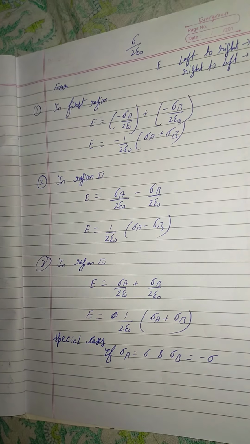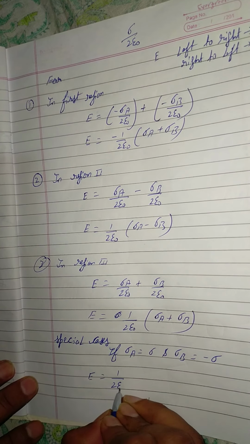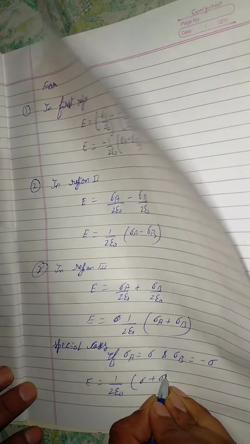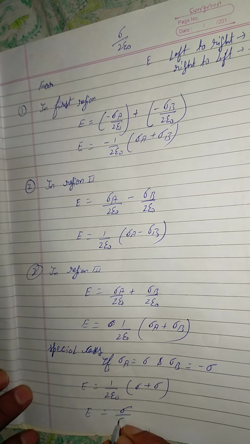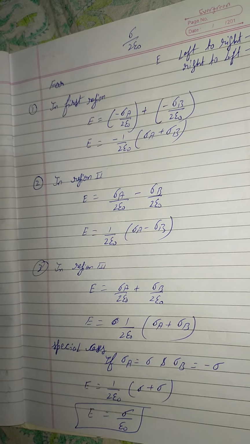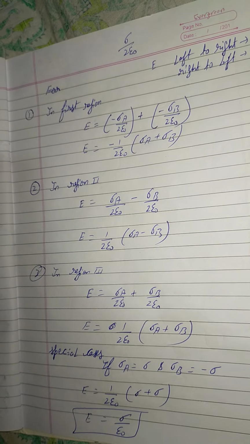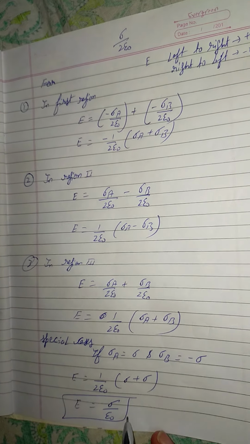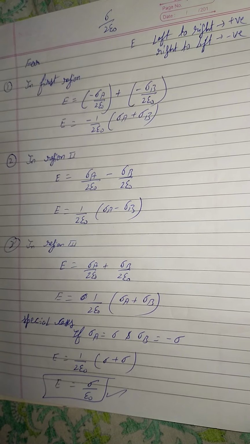But in the second region the electric field is 1 over 2 epsilon naught times sigma plus sigma, so it is sigma over epsilon naught. So these were the cases for the electric field due to two infinite parallel sheets of charge, where the electric field, having surface charge over epsilon naught, is constant.